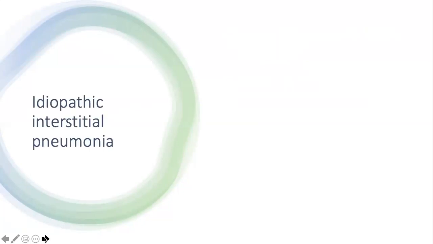Then there's the idiopathic interstitial pneumonia. So this group of diseases have many overlapping features, and they also have certain clinical features and distinct pathological features, which when put together can help to come to a diagnosis. So the terminology of this group of diseases is sometimes confusing.